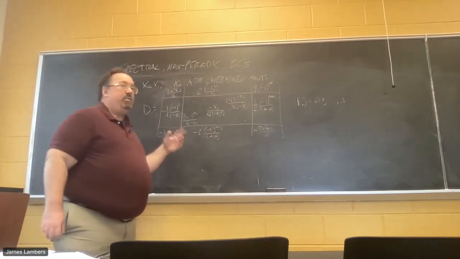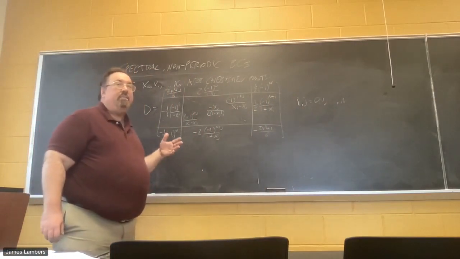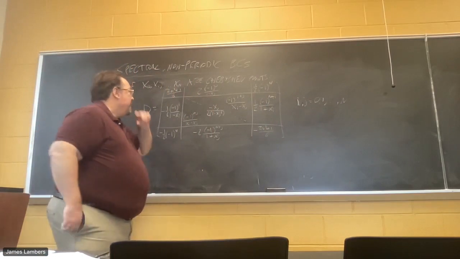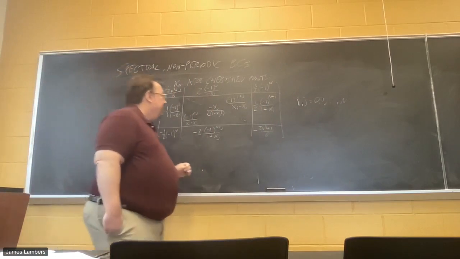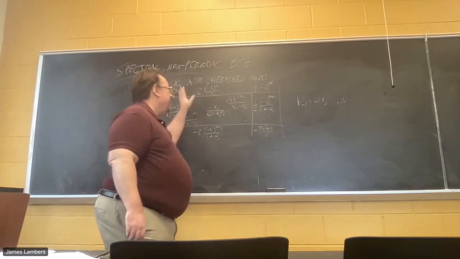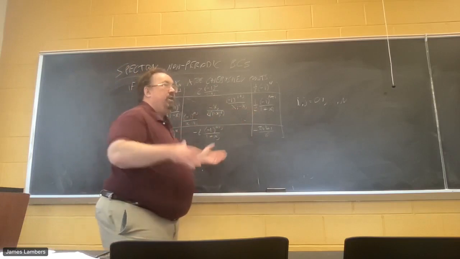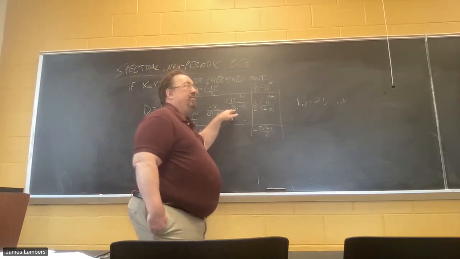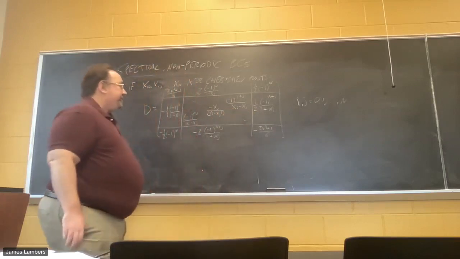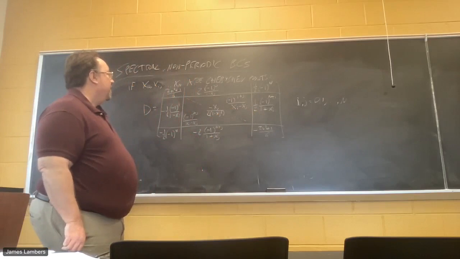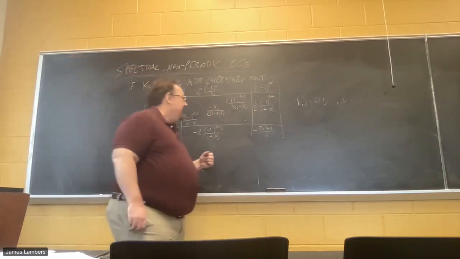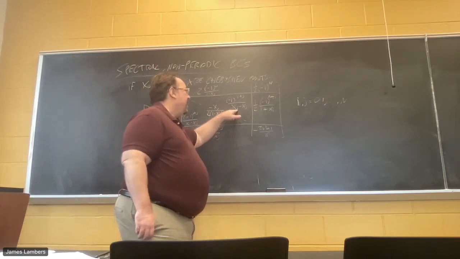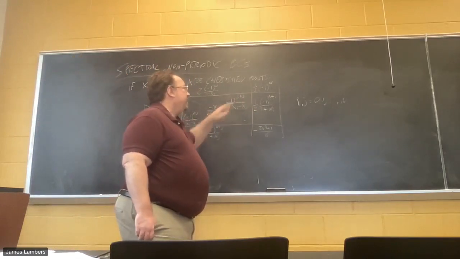So be careful about when you work with this in MATLAB. Of course, MATLAB uses 1-based indexing. So you need to translate these index values from 0 to n, how it's written here, to 1 to n plus 1 in your code. Like that would apply to your vector x of the x values. Now, you also have to keep in mind here, i and j are used as indices, but here they're used as exponents.